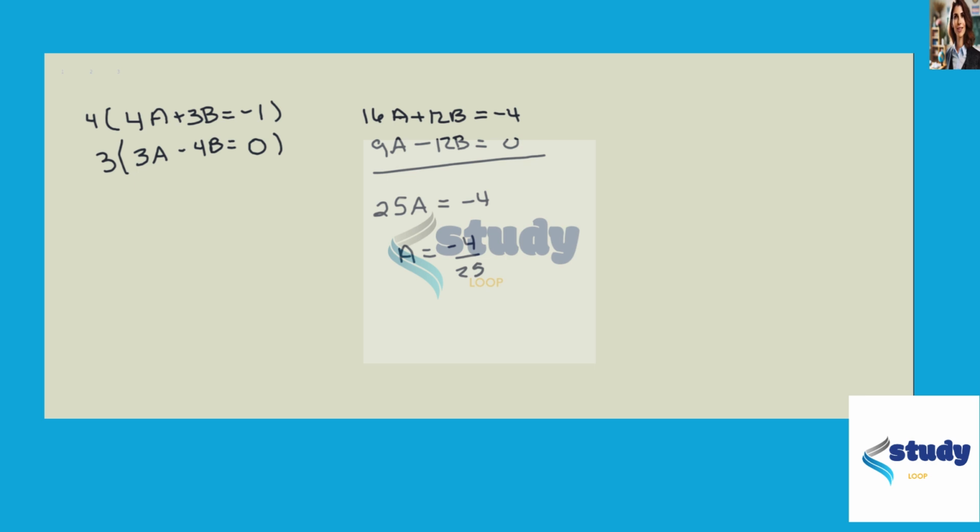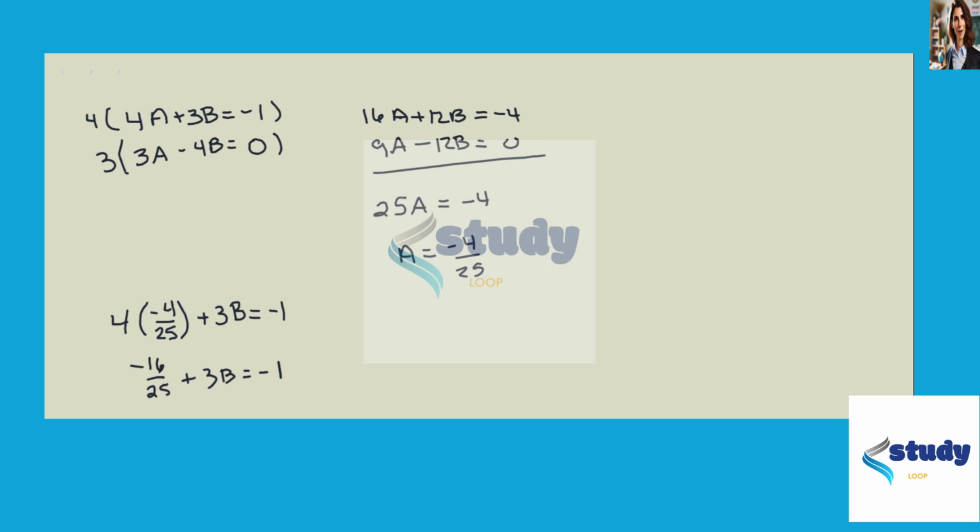And I'm going to plug that into my equation. So I have 4a plus 3b equals -1. So I have 4 times -4/25 plus 3b equals -1. So I have -16/25 plus 3b equals -1.